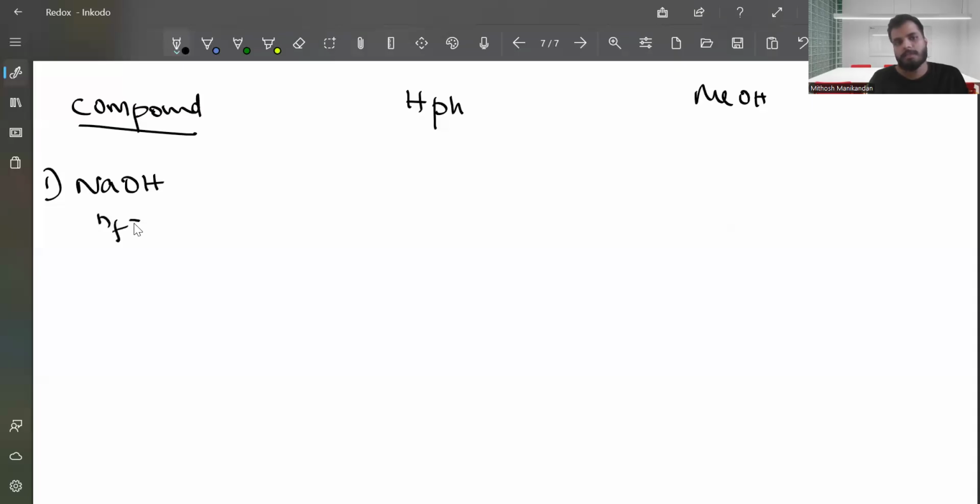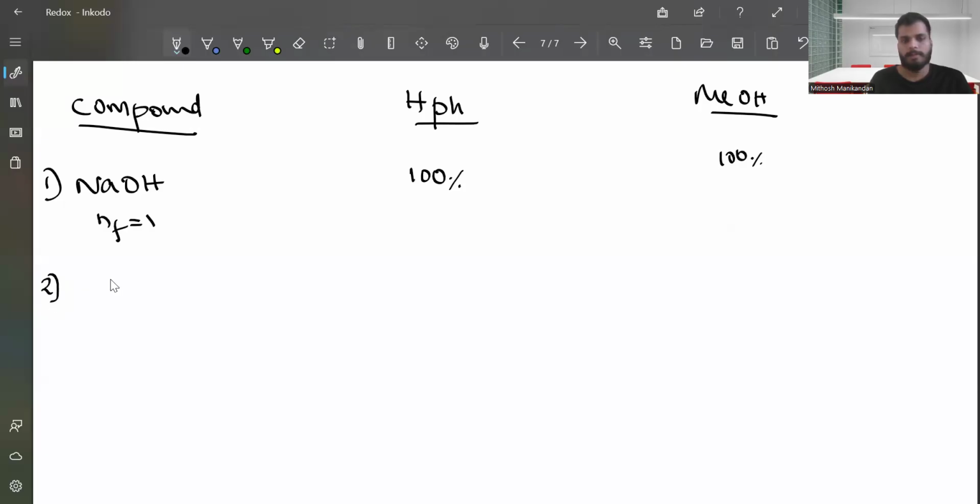What is the n factor of it? 1. And if you titrate with HCl, the equivalence point that you will see with phenolphthalein will correspond to 100% neutralization of NaOH. Even MEOH will also give it, because in a strong acid, strong base titration, you can use any indicator.